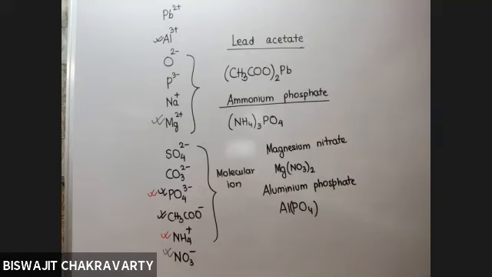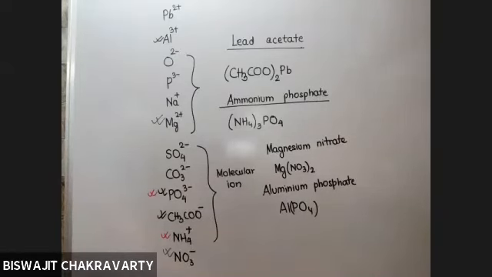Understood? How to get the formula? Just cross multiply. And if it is an atom, you need to know the electronic configuration, from which valency is to be calculated. And if they are ions, then there is no problem because the ionic charge itself will be the valency.